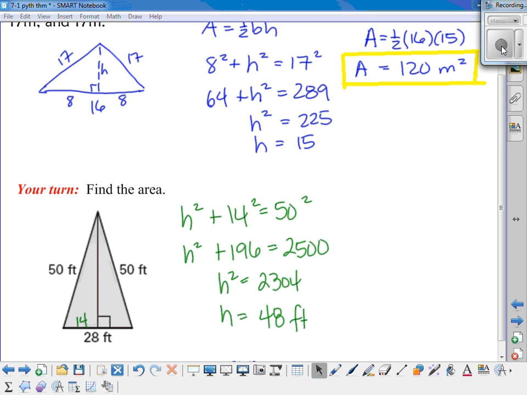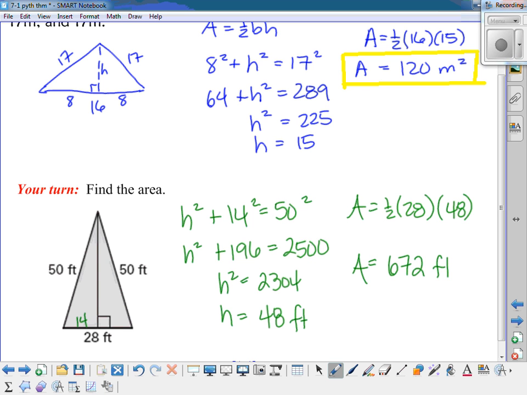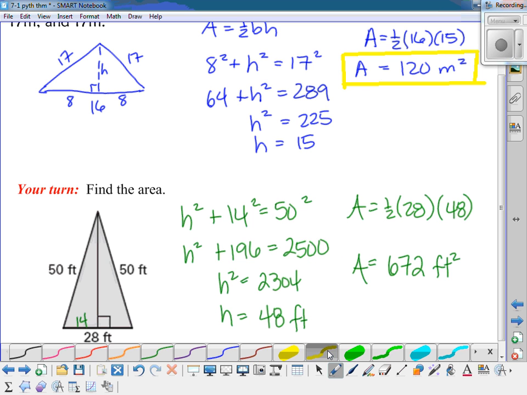And so h squared plus 14 squared equals 50 squared. You end up getting that the height is 48. So the area is going to be 1/2 the base times the height. And so it should have come out to 672 square feet. Any questions?